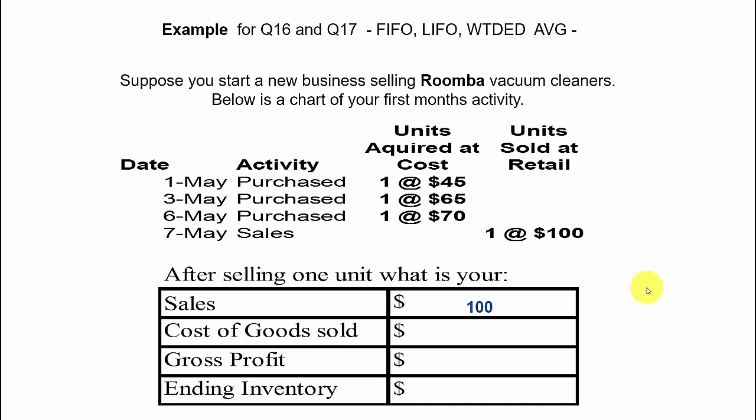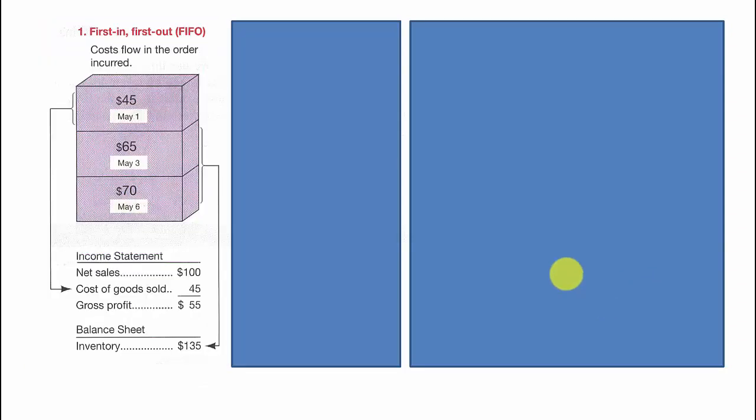Sales are 100. And the cost of goods sold, that's the next thing that's really the question mark. So you could have said, well, I'm going to use first in, first out, which means the first vacuum cleaner that I bought, which was $45, that's the one that I sold.